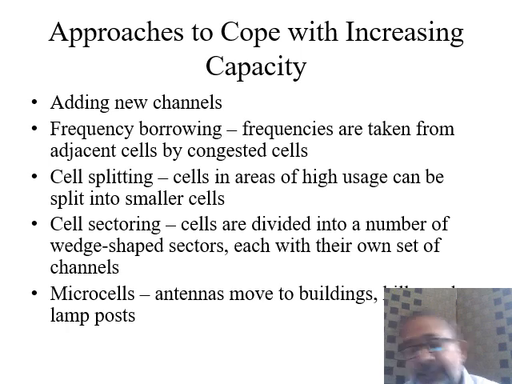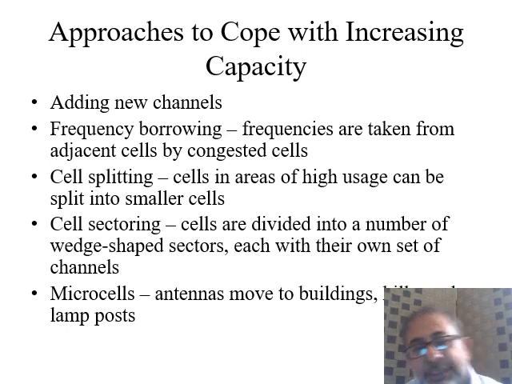But as the capacity requirement increases, which means that more and more users come in, how do we cope with that? Number one, we can add new channels. Number two, we can borrow frequency from the adjacent cell. If your cell is congested and the adjacent cell is not, then we can do that.